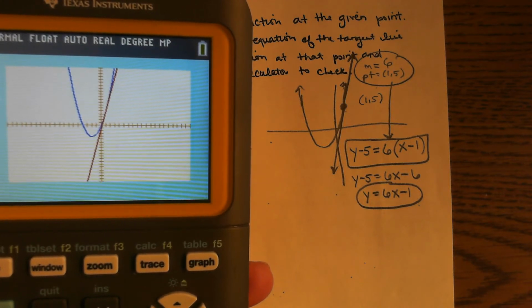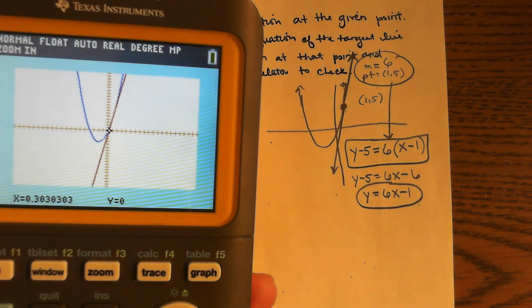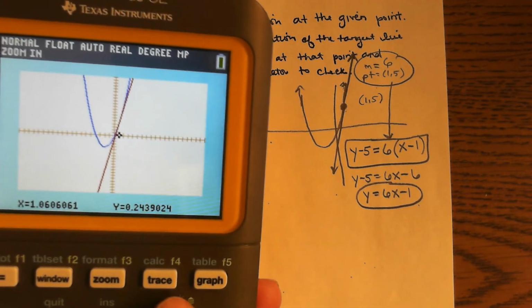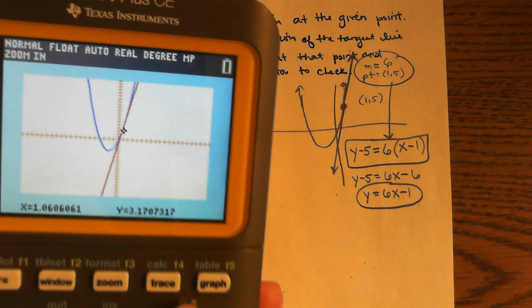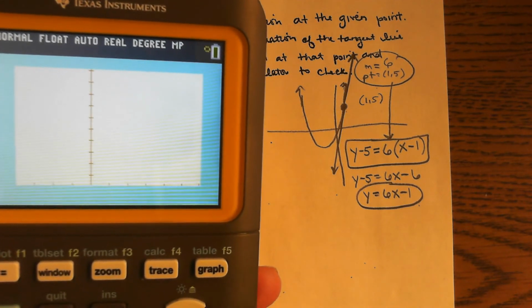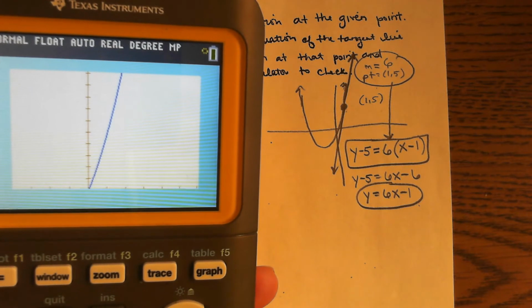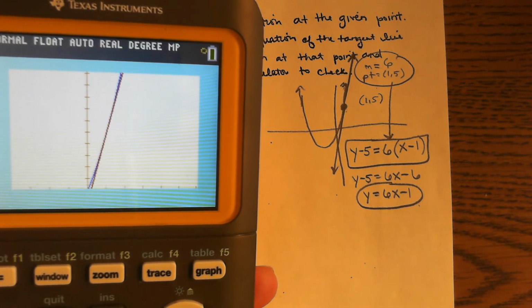Yes? You could zoom in even further to the point (1, 5), in that general vicinity. And there's your parabola, and here's your tangent line.